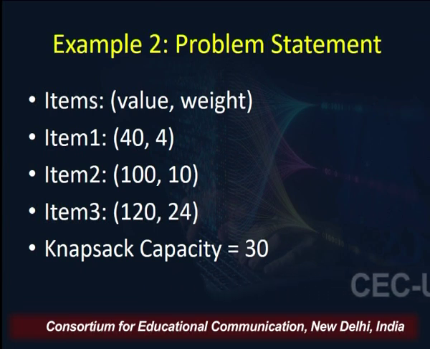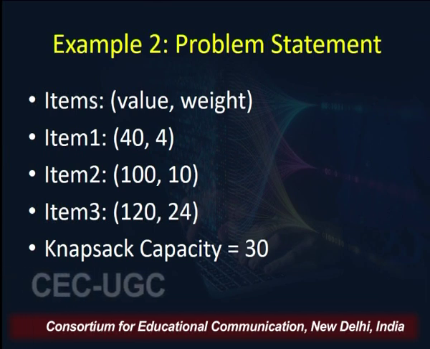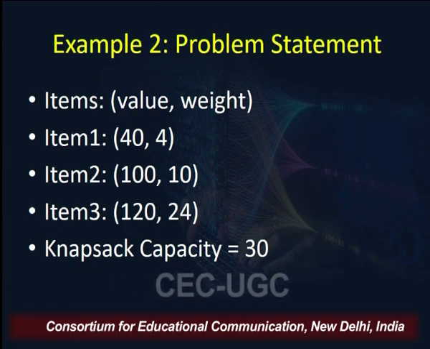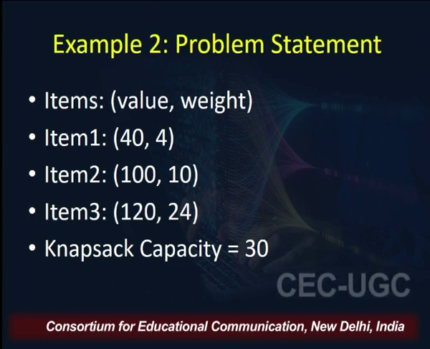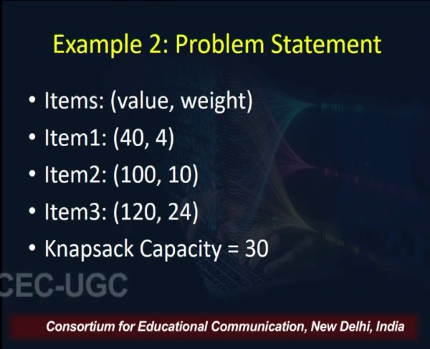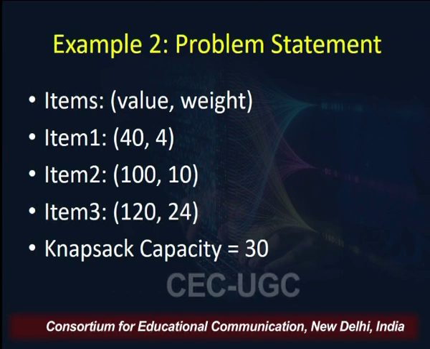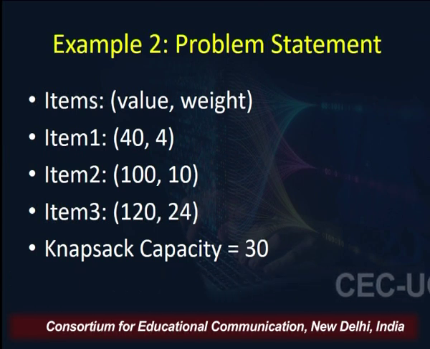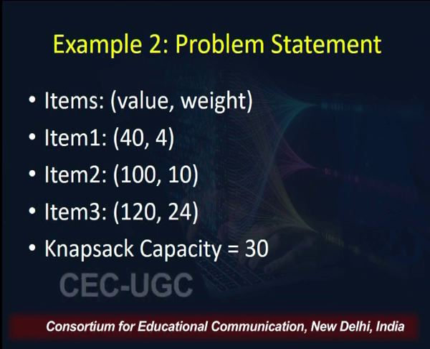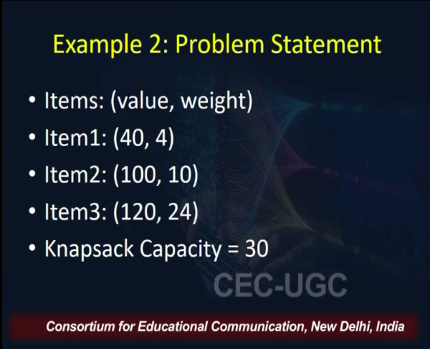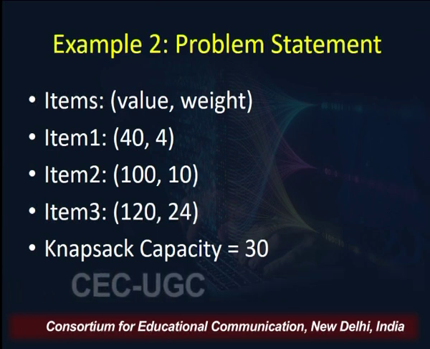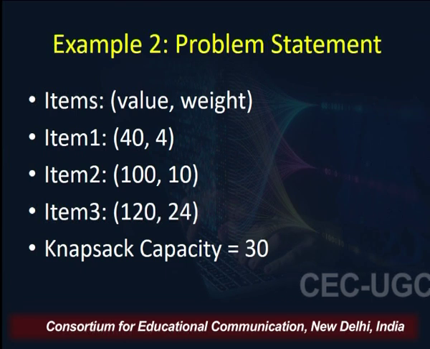The total knapsack capacity is 30, and the values and weights of the items are: item 1 has value 40 with weight 4, item 2 has value 100 with weight 10, item 3 has value 120 with weight 24, and the knapsack capacity, as I have told you, is 30.